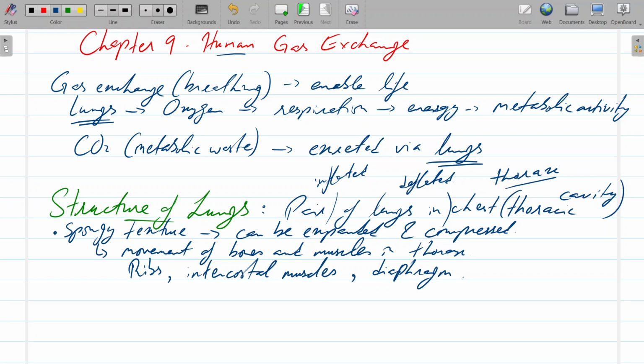When we talked about the digestive system, we saw the alimentary canal, and we know that the mouth connects not only to the esophagus but also to the air passages. So from the mouth, the very first part of the air passage is the larynx.